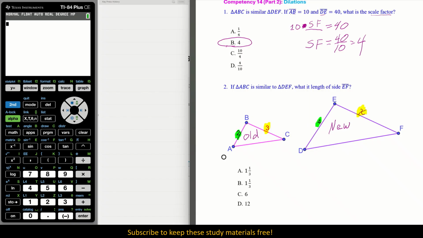So keeping with new over old, we have X over 3 equals, go back to the new, 4 over 2. So I'll just use the basic algebraic setup. This means that we have 2x equals 12. And then if you divide, that gives us 6.